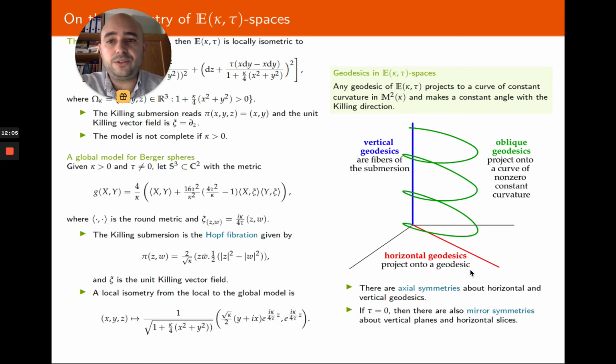Tau equal to 0 means that it is a product space. So we have a vertical plane, which is the product of a geodesic of the base times the real line, and a horizontal slice, which is just the base times a point in the real line. And in that case, we have mirror symmetries about horizontal and vertical planes. So these are the isometries I will need in my constructions.